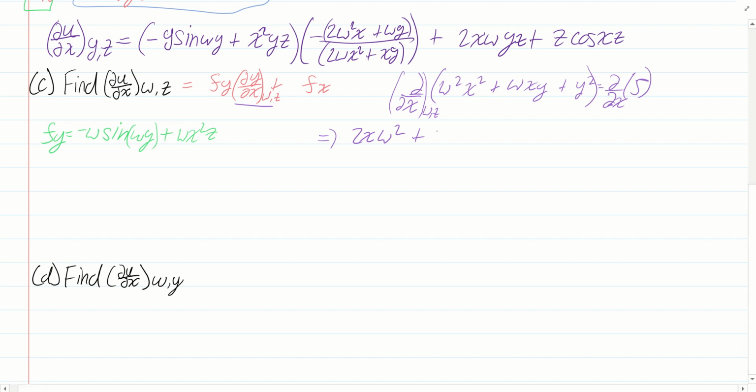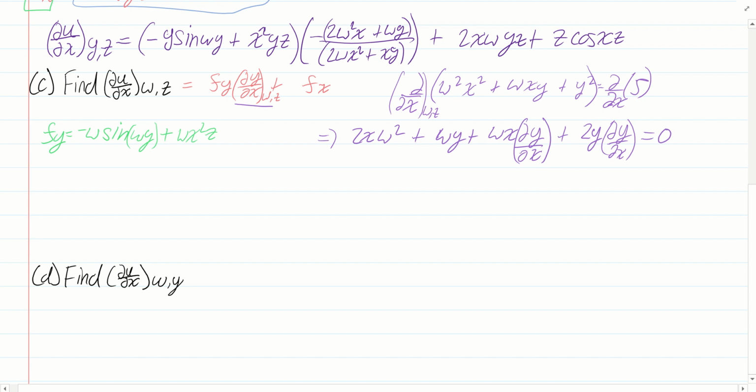So again, do the partial of x first, so we have wy, then plus the partial of y, so it's going to be wx, and then we're going to have a partial of y with respect to x. So I'm going to leave it like that. And then lastly, we have the partial of y squared, so it's going to be like normal, 2y, but then we're going to have the partial of y with respect to x, equals 0.